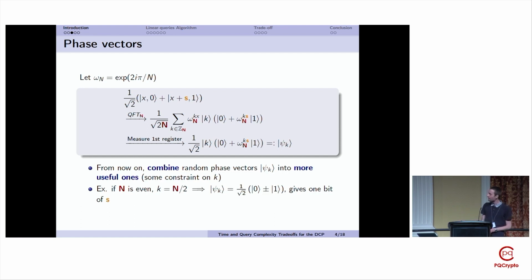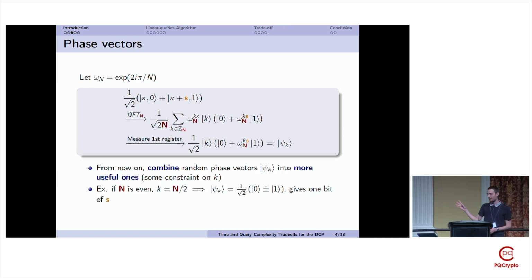And the operation to get there is to apply a quantum Fourier transform, which is an efficient operation, and basically just maps x to a sum of all omega_n to the power kx, for k. So a superposition of that, and omega is just the standard root of unity here.